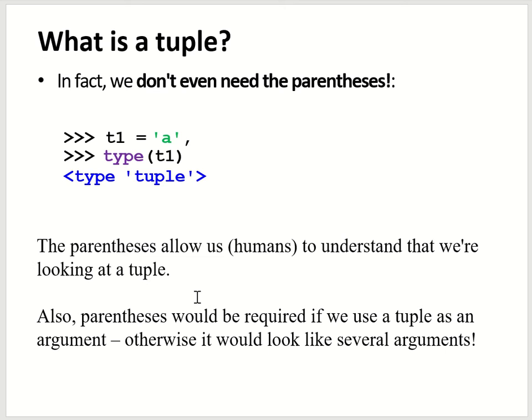The parentheses would be required in some instances, such as if you're trying to pass a tuple as an argument for a function's parameter, just because typical function parameters are enclosed within parentheses separated by commas. So just to clear up why parentheses and commas are being used, you would need to add extra parentheses if a tuple was going to be the argument for one of your functions.